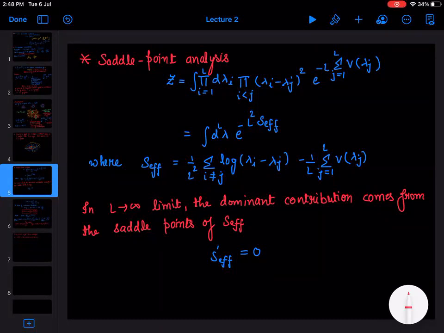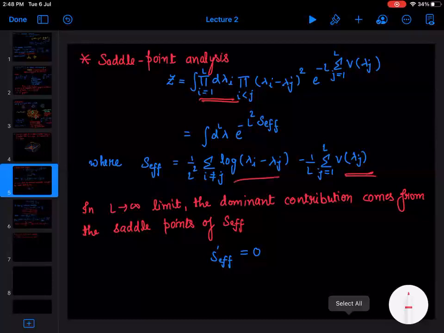We left the measure d lambda i here and took everything else into the exponential to write it as an effective action. And we saw that there is a repulsion between these eigenvalues. There's the potential which we have provided, and then there is this repulsion between the eigenvalues which comes from the measure. So the eigenvalues are distributed in some interval around the minimum of the potential.